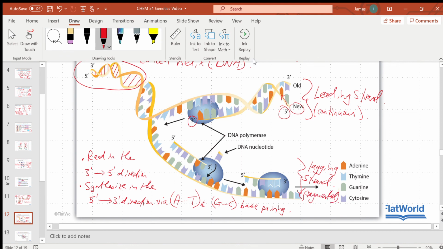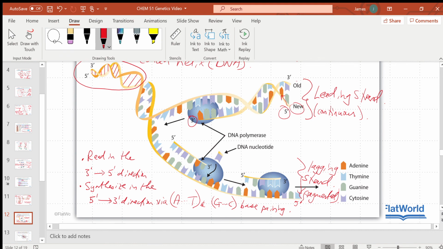Notice, because I'm making exclusively in the 5 to 3 direction, the old lagging strand is actually already in the 5 to 3 direction here, because the old strand here must be 5, right?